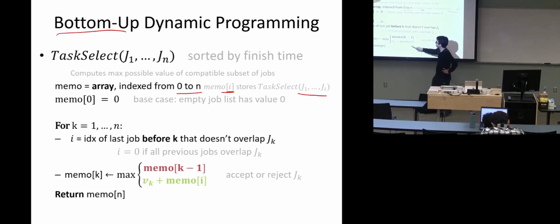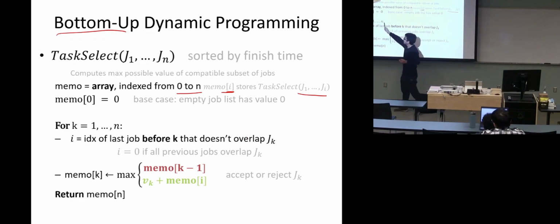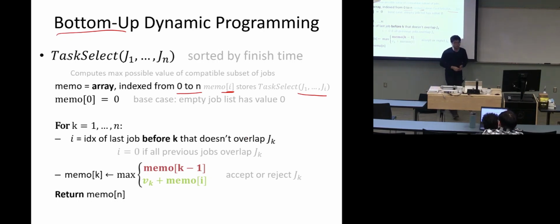If you accept, you get this number vk plus memo[i], where i is the last job that doesn't overlap with jk. Okay. And you see that this will work because you iterate from 1 to n. In iteration k, you will only look at memo from the previous indices that you have already computed.